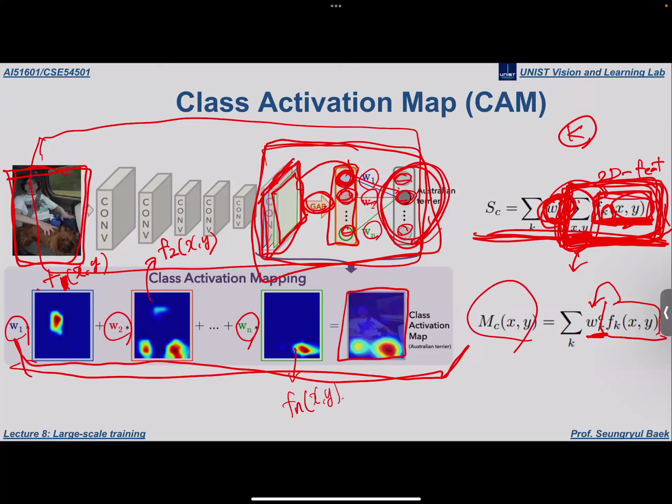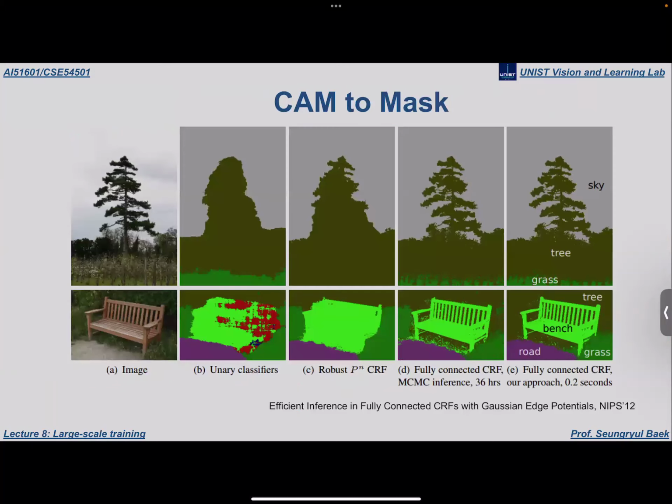So the original networks are trained for the image classifier, but by extracting the intermediate 2D responses, multiplying some predefined weight for those intermediate features, and adding them, we can get this kind of activation map. And they are somehow capturing the class locations. So this is the CAM method.